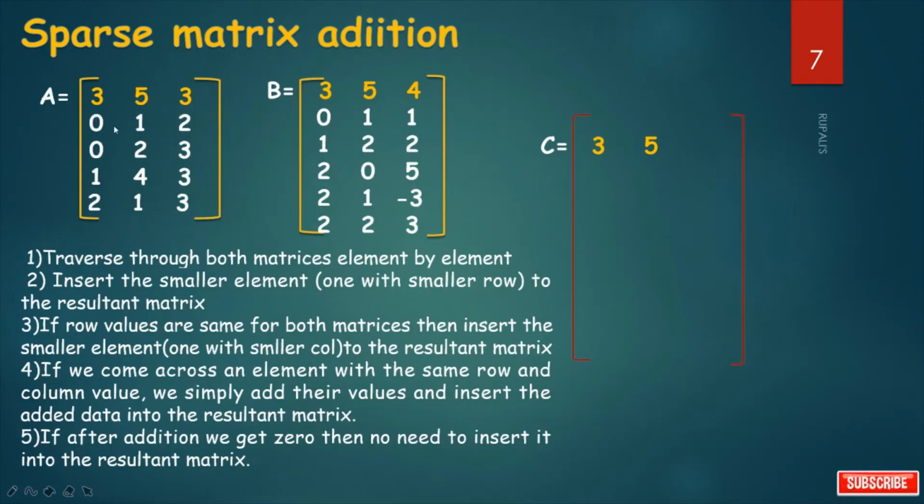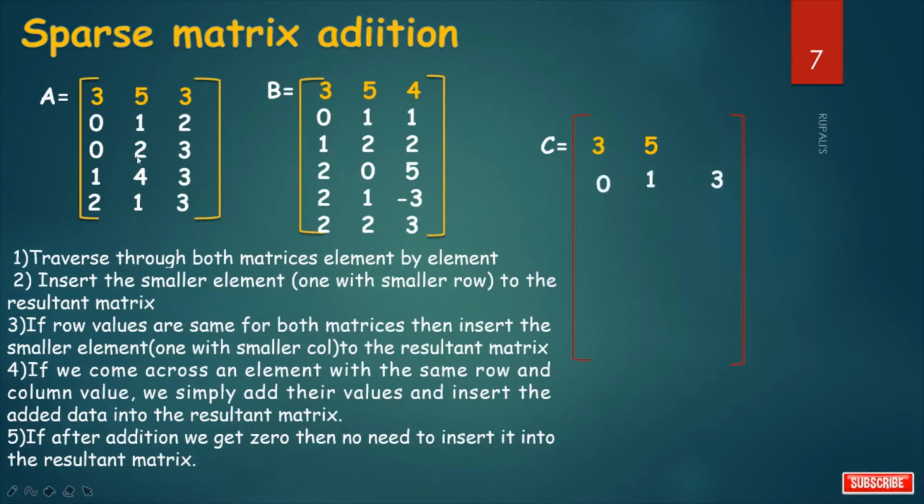So it is 0, 1, 3. Next time it is 0, 2, 3 and 1, 2, 2. See here, insert the smaller element, the one with smaller row, to the resultant matrix. So row is smaller. So just insert this element to the resultant matrix. So it is 0, 2, 3.